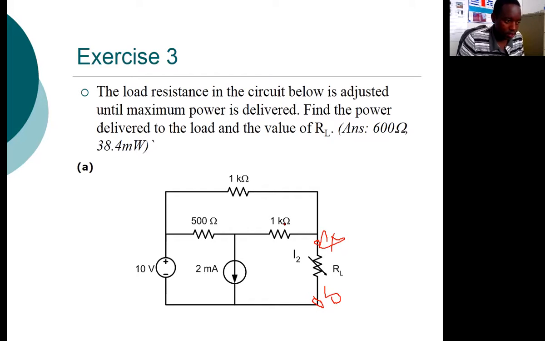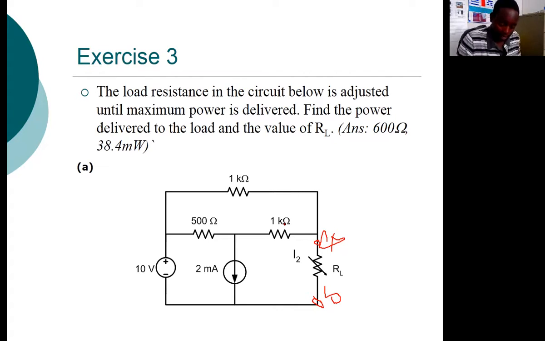So according to this circuit, we have to determine where exactly we are measuring the V Thevenin. Because in that case, it's a bit tricky. A and B, 1 kilo, 1.5 kilo.